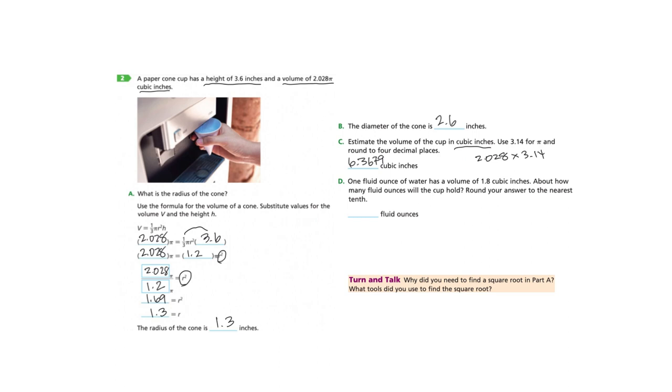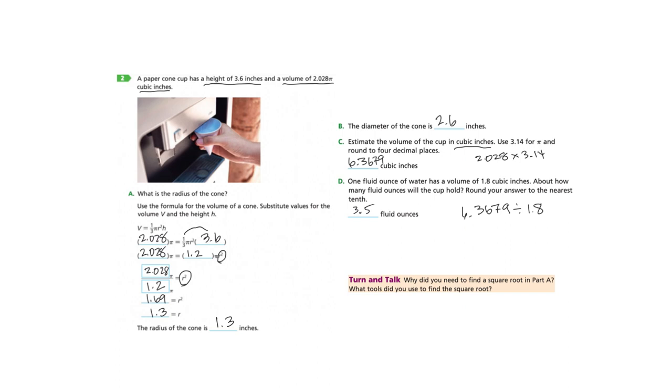And then it says D, 1 fluid ounce of water has a volume of 1.8 cubic inches. About how many fluid ounces will a cup hold? Round your answer to the nearest tenth. So in this case, they want you to take that cubic inches number, 6.3679, and divide by 1.8 cubic inches per fluid ounce. And that's going to give you approximately 3.5 fluid ounces.